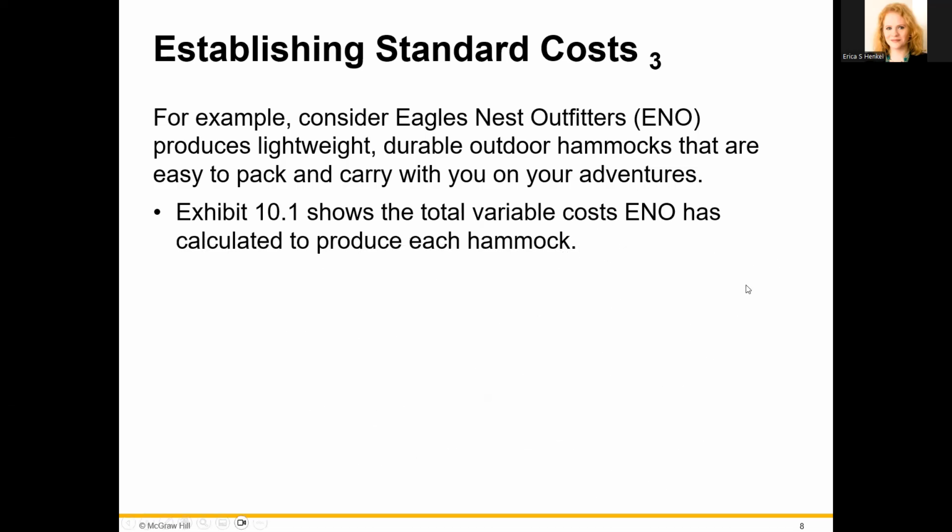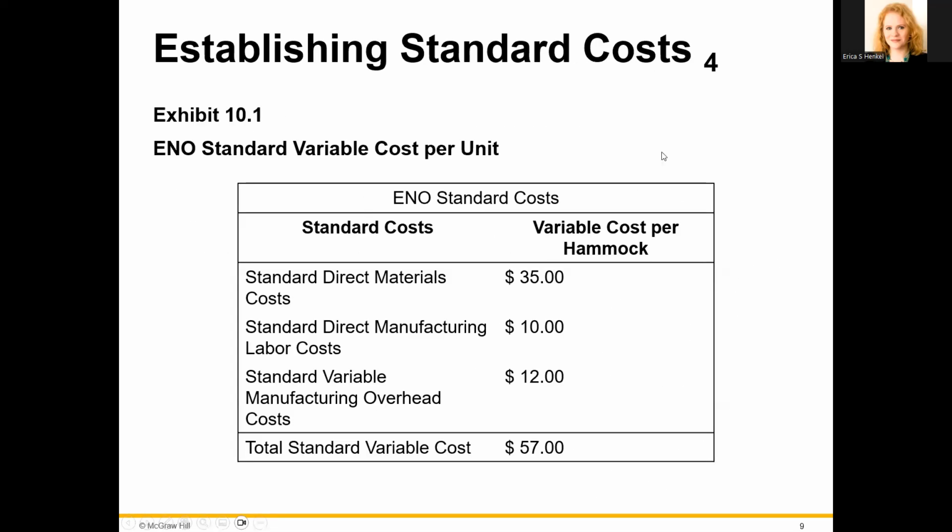All right. So here we've got E&O Company, and they have standard costs for creating their hammocks, right? So their direct materials cost standard, what they expect to pay, is $35 per hammock, and the standard direct manufacturing labor costs are $10, and for overhead is $12.